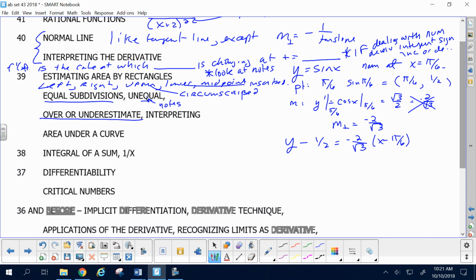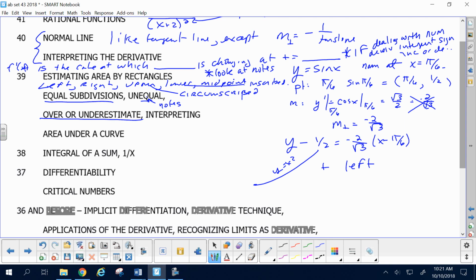Over or under estimate. Do you know how to justify whether an area estimate is over or under? Give me a justification statement, please. Actually, here's a curve, y equals x squared. And you're using left-hand rectangles. It would be an underestimate.